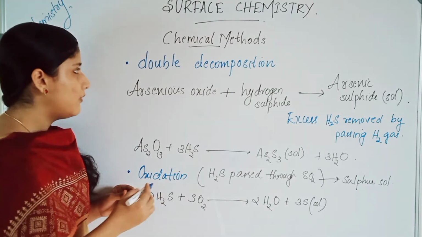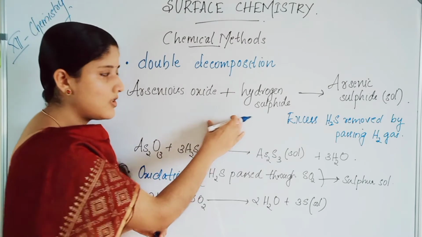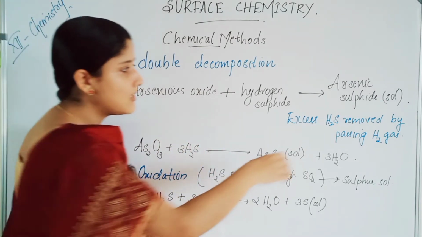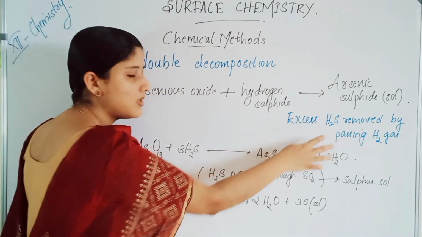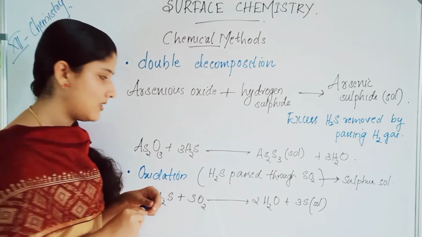colloids. First, this arsenious oxide we will take and we will pass hydrogen sulfide, H2S gas, and you will get what? Arsenic sulfide salt. There will be excess of H2S gas, hydrogen sulfide, that we will remove by passing hydrogen gas.